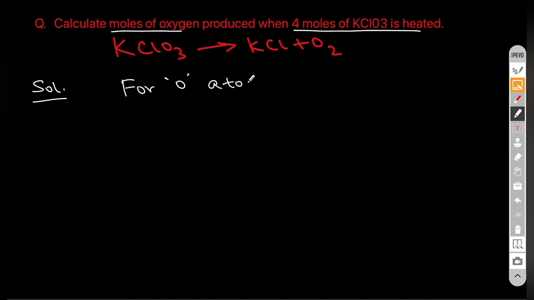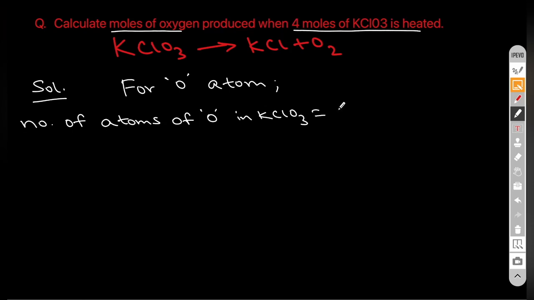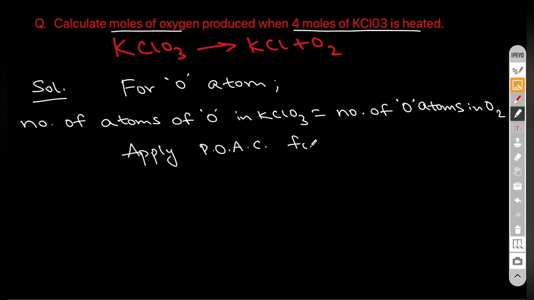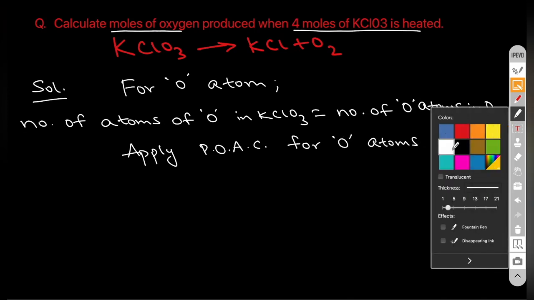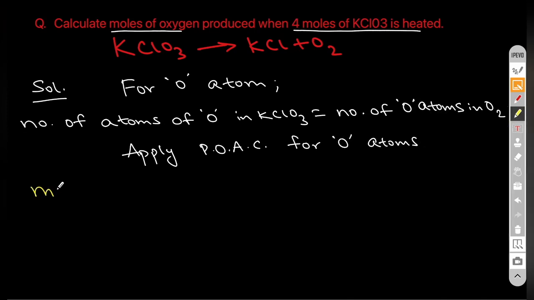For O atoms, the number of atoms of O in KClO3, which is on the reactant side, should be equal to the number of O atoms in oxygen, which is on the product side. Apply POAC. It says if number of atoms are conserved, then number of moles will also be conserved. So apply POAC for O atoms.